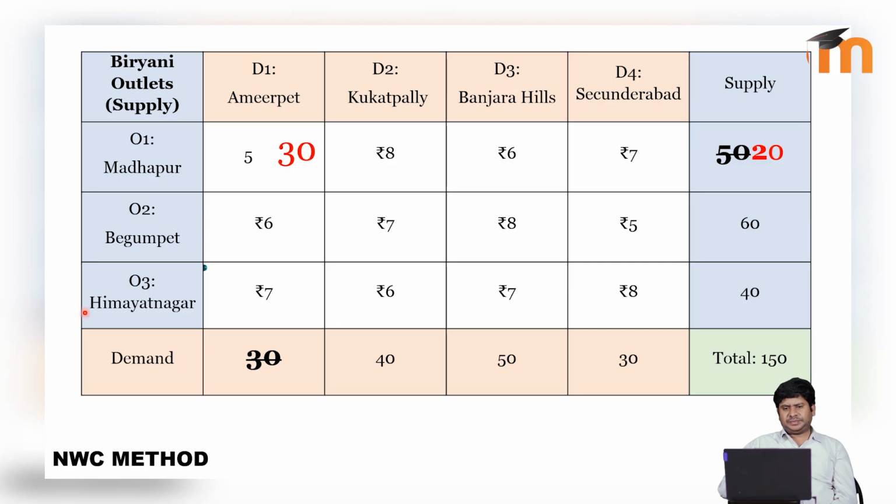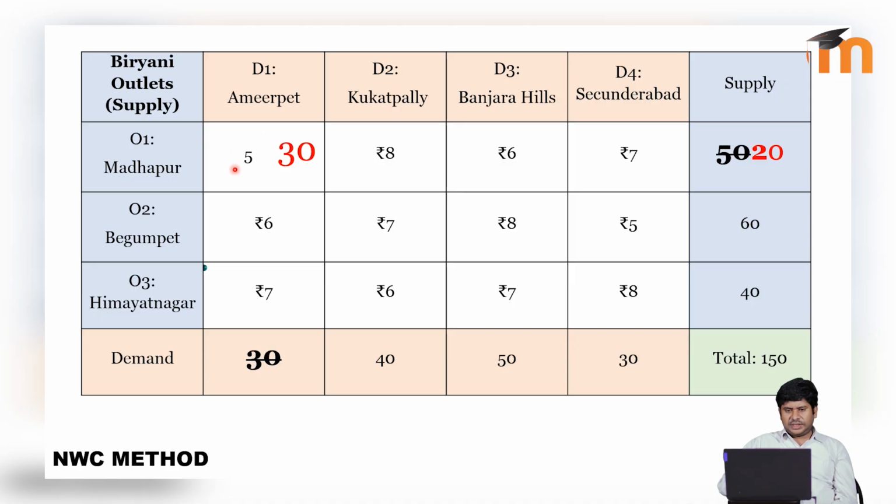Let us check what the first step is here. NWC means northwest corner rule or method. In this table, from the cost matrix, which one is the northwest value? That is the 5, among 5, 8, 6, 7, 6, 7, 8, 9. And what is this 5?